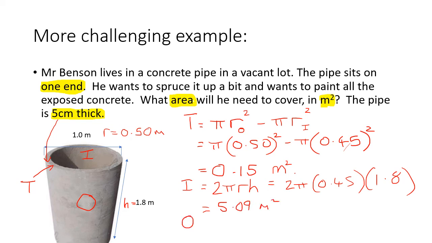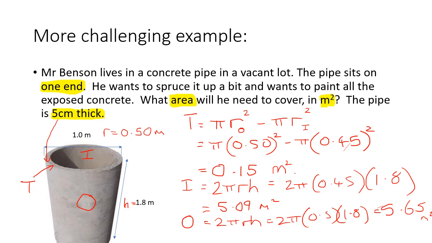Our outside, again, 2 pi r h, so 2 times pi 0.5 times 1.8, and that equals 5.65 meters squared. Apologies for almost falling off the page.